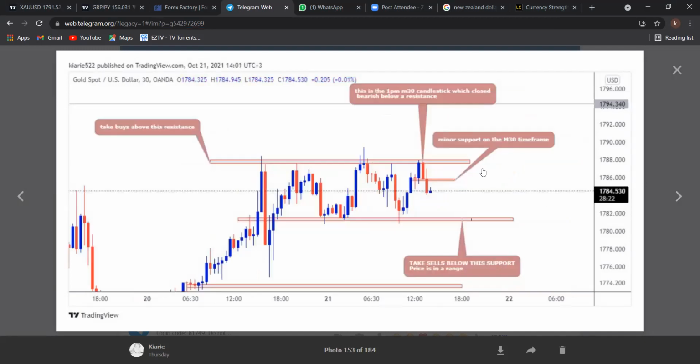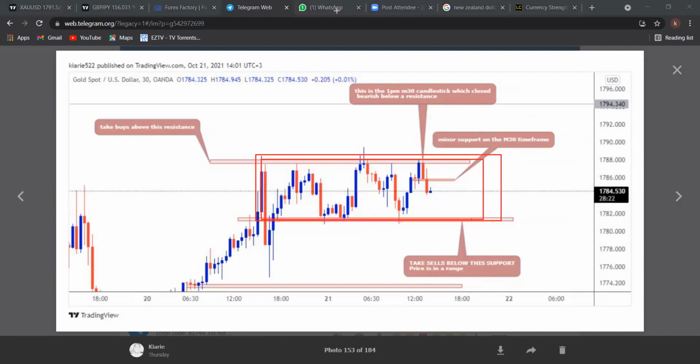I'll take sales below this support, buys above this resistance, since price was in a range. This was a range. So I wanted price to break either above or below for me to take a trade on gold.